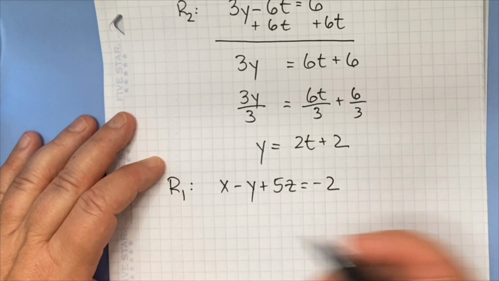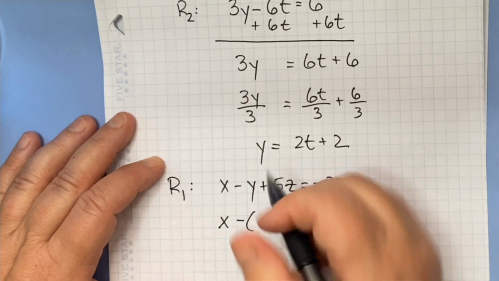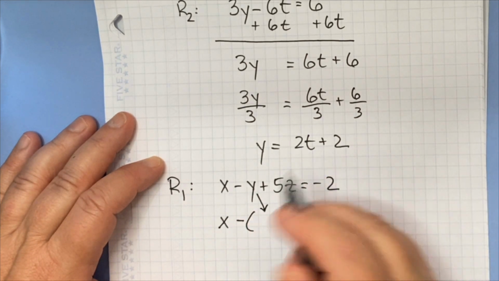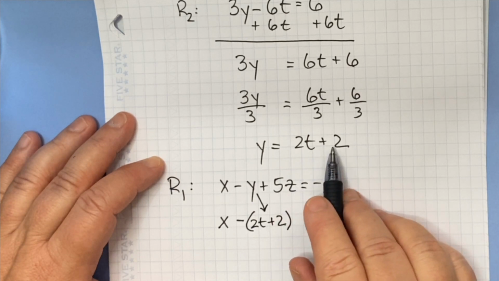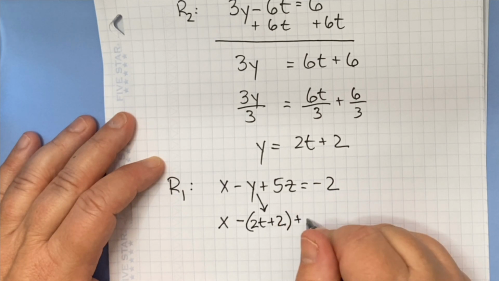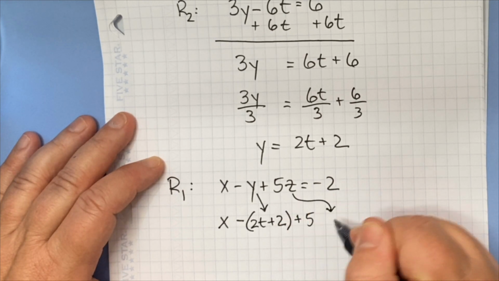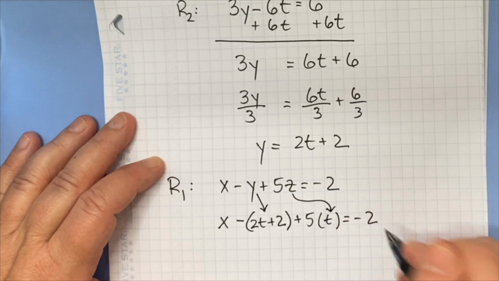So now I have to be very careful. I've got x minus, now y is going to be 2t plus 2, because that's what we figured out y has to be from the second row. And then we already know that z is t, because that's what we said. And then we've got negative 2.